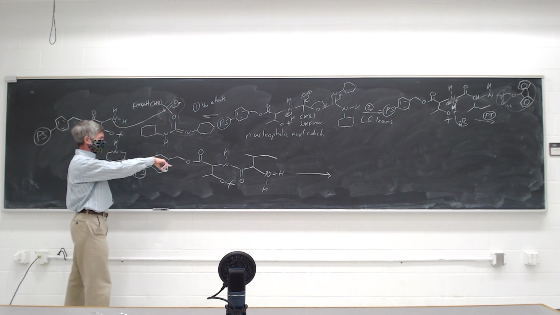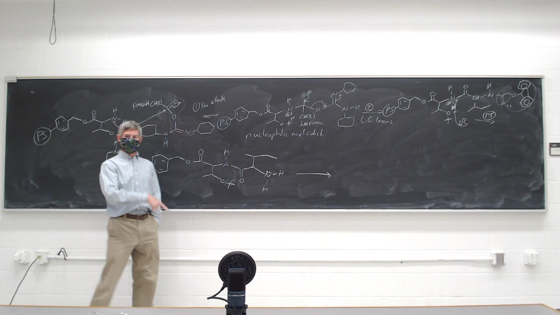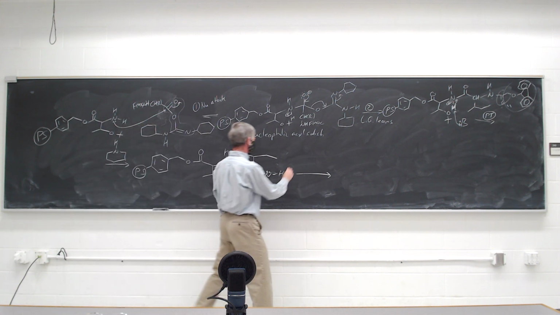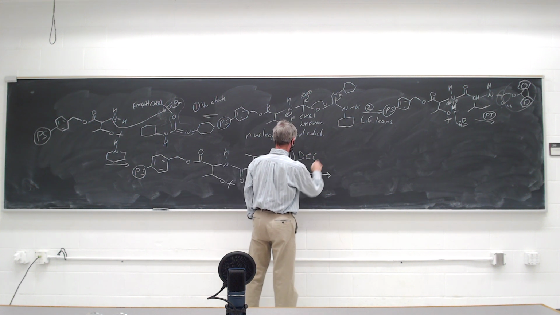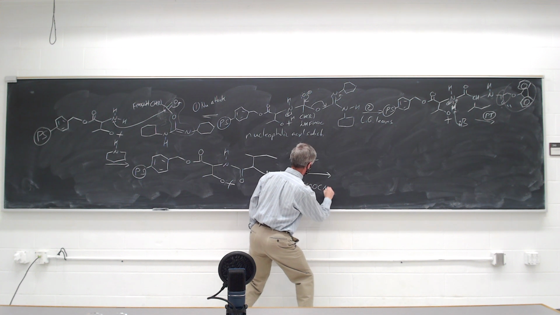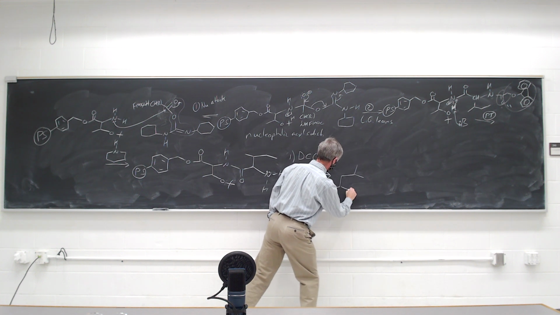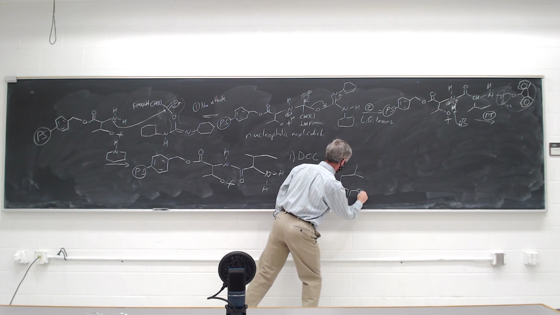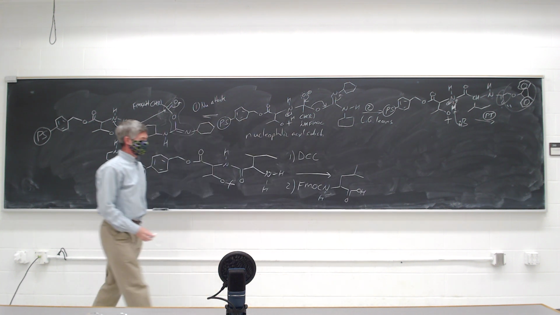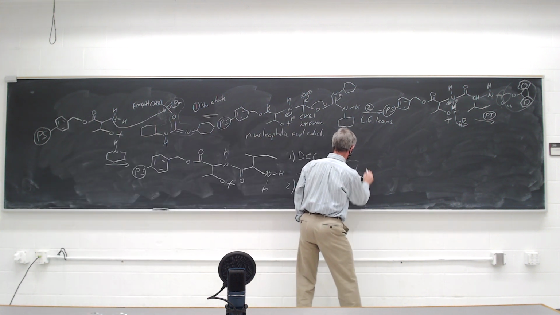So basically, we've now got a dipeptide. We've got threonine and we've got isoleucine. All we need to do is treat this with DCC and then treat it with the FMOC protected leucine. And leucine is the isobutyl group as opposed to the sec-butyl group.